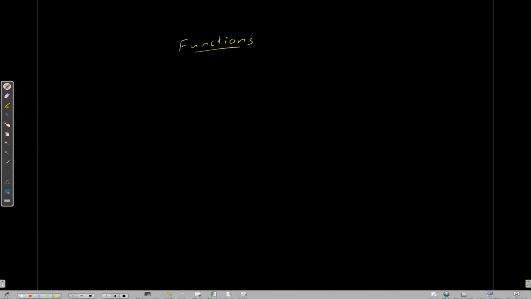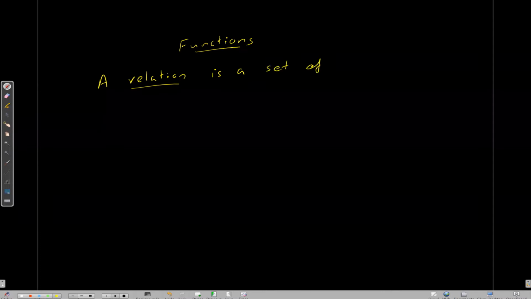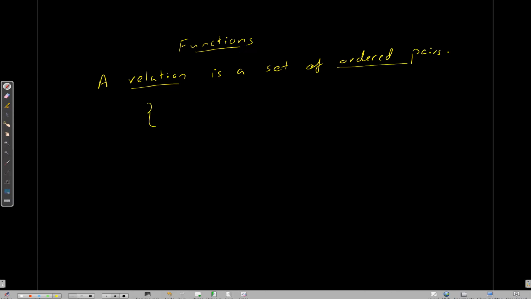Now first we need what is known as a relation. A relation simply is a set of ordered pairs. That means, first of all, an ordered pair is something like this.